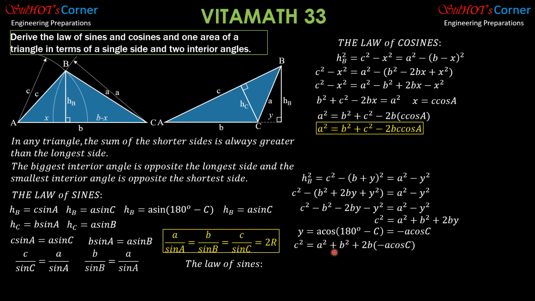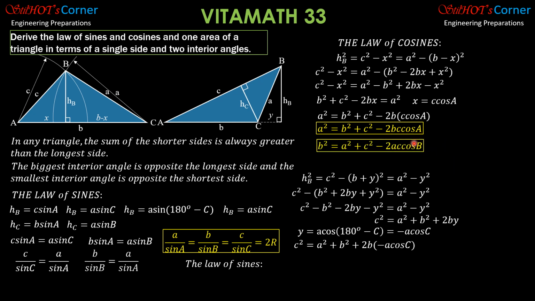So we can now derive the last equation of the law of cosines, but by deductive reasoning, by following this pattern, then b square is equal to a square plus c square minus 2ac cosine angle b.